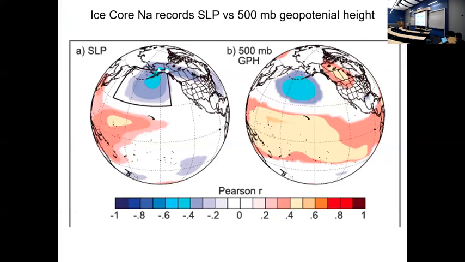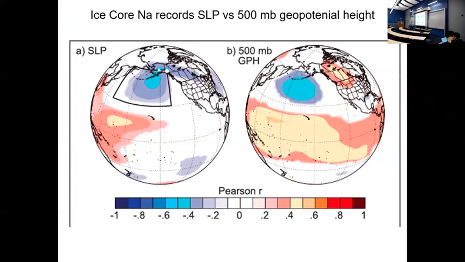I forget exactly, but it goes back to 1895 for reasonable records, really the mid-1900s for good sea surface and upper geopotential height records. And you can see that we're capturing a significant signal here. So we're correlating the average Logan and Denali ice core sodium records versus sea level pressure on this side and the 500 millibar height.